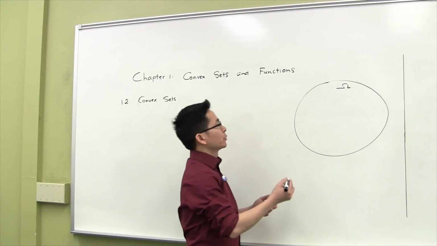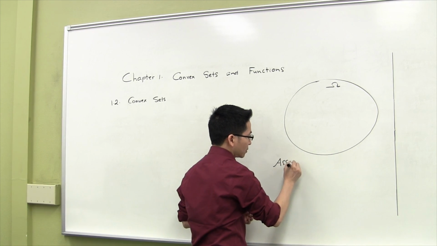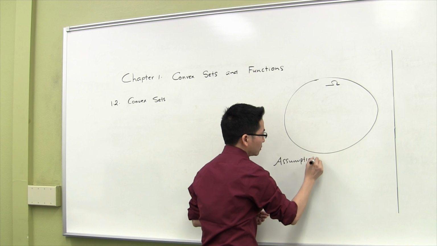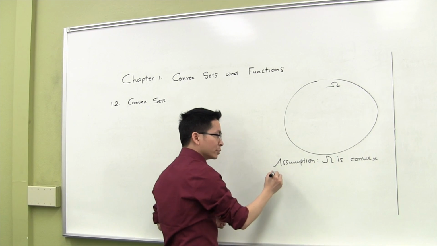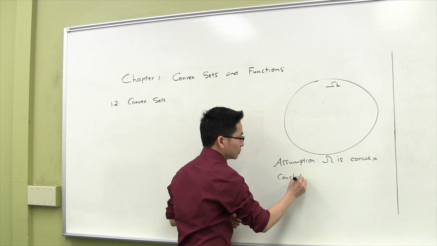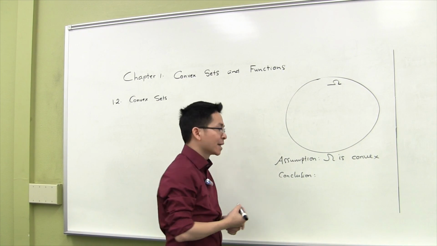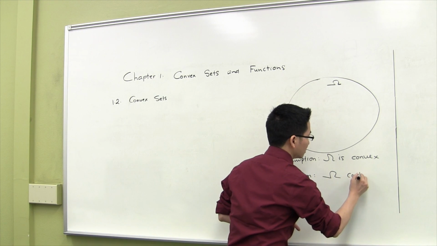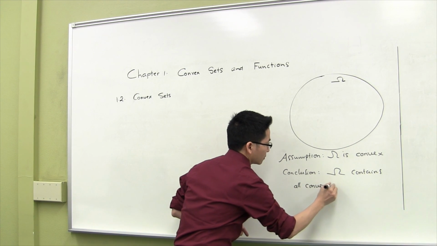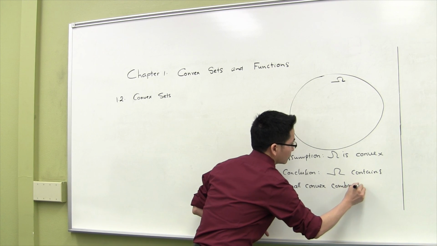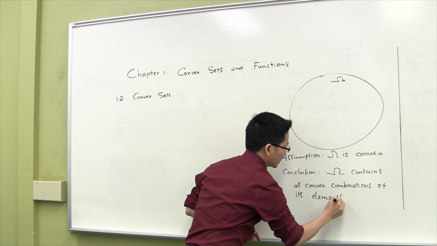That means here we assume that omega is convex, and then we have to show that omega contains all convex combinations of its elements.